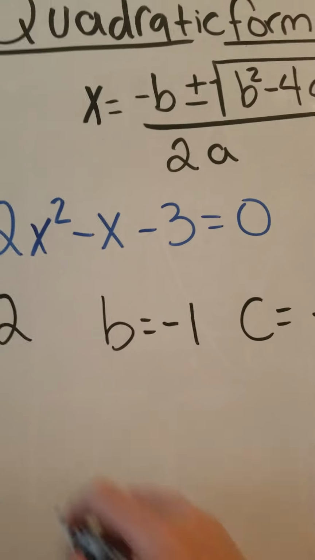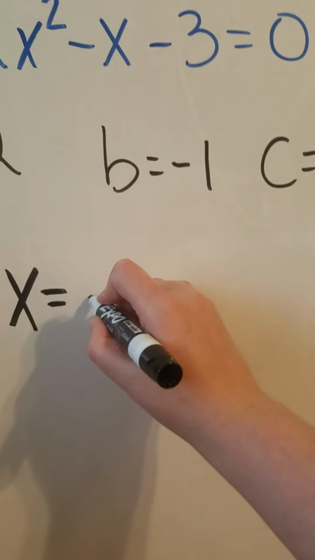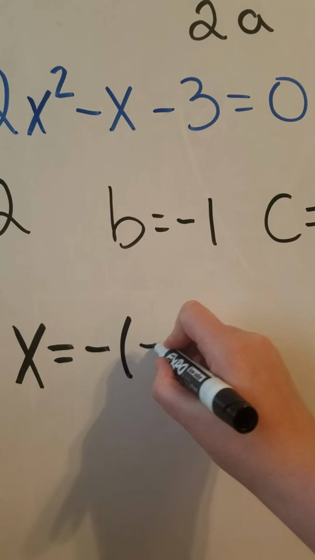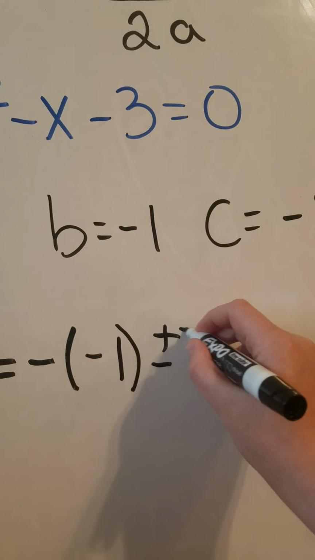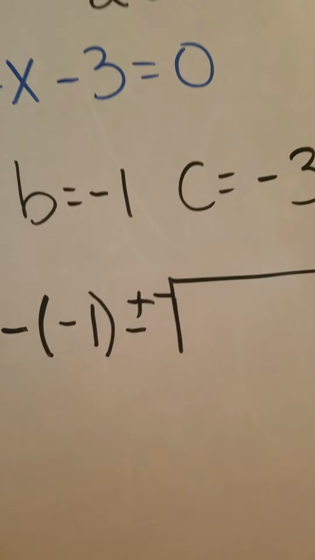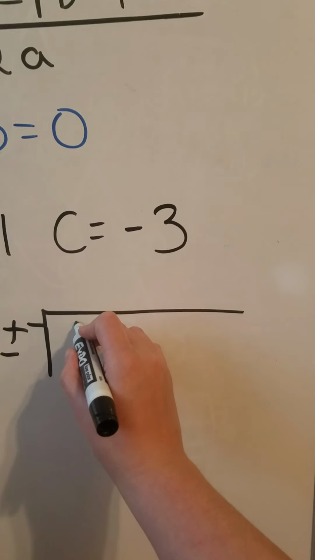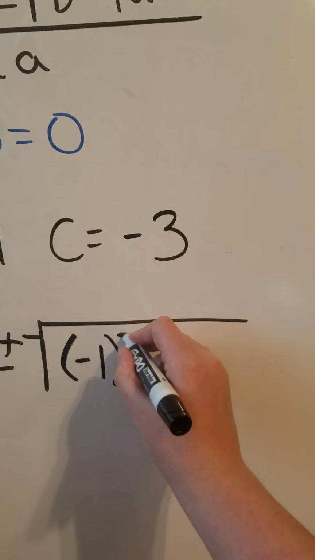So, X equals negative my B value, which is negative 1, plus minus the square root of B squared. My B is negative 1 squared.